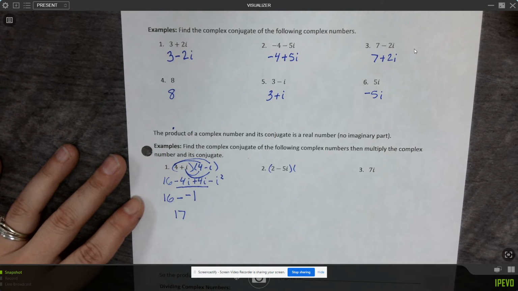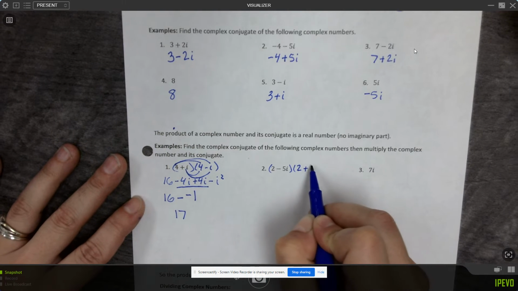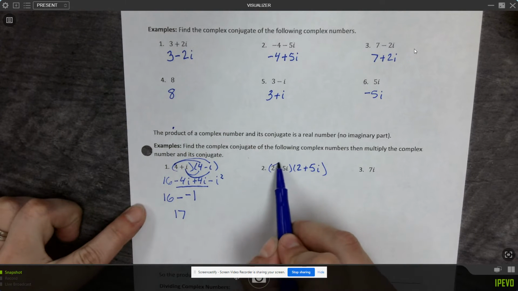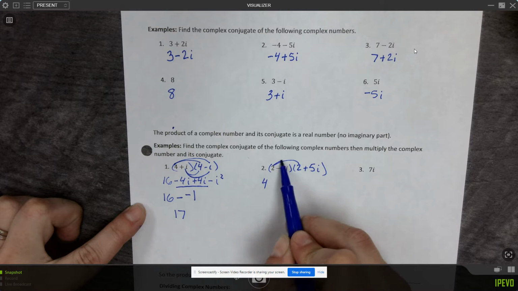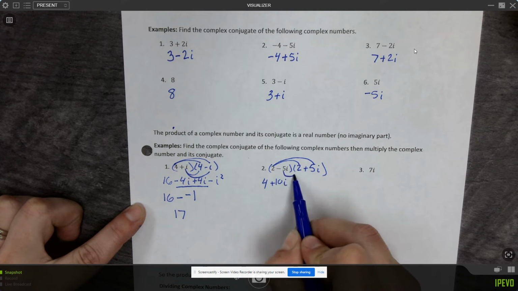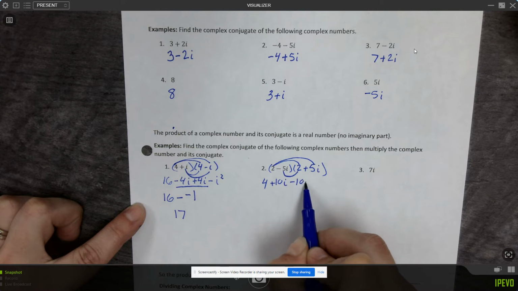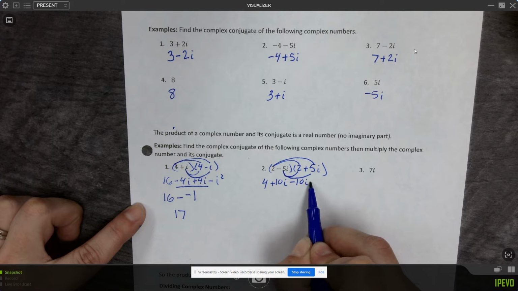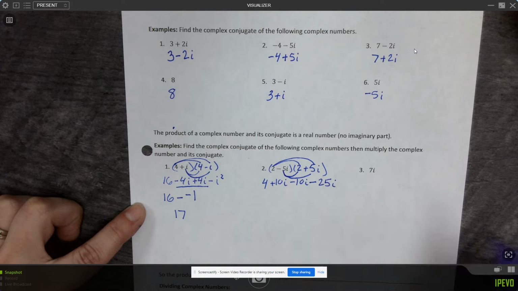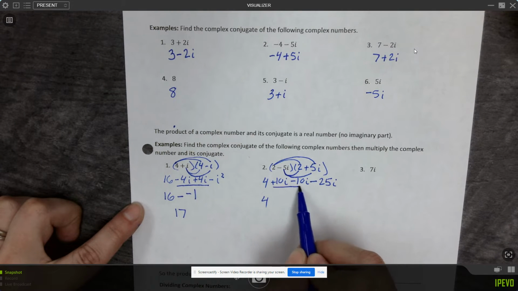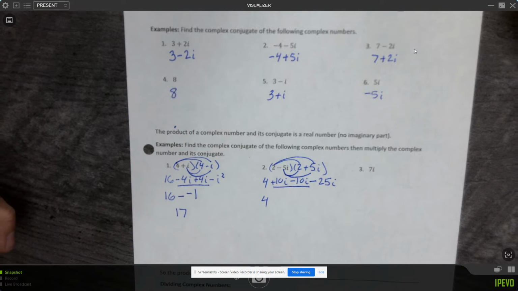Second example, we're going to use its complex conjugate, which is 2 plus 5i. 2 times 2 is 4. 2 times 5i is 10i. Negative 5i times 2 is negative 10i. And negative 5i times positive 5i is negative 25i. So 4 is 4. Your like terms in the middle, 10 minus 10 is 0.